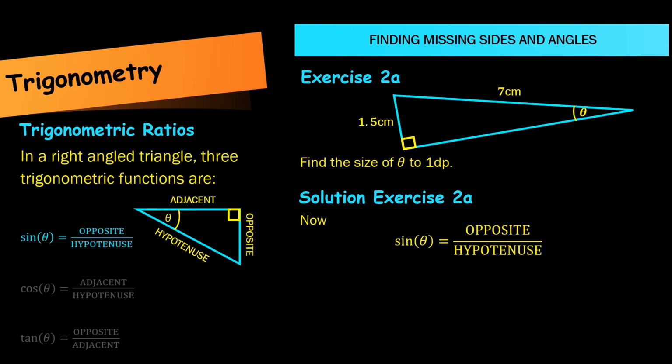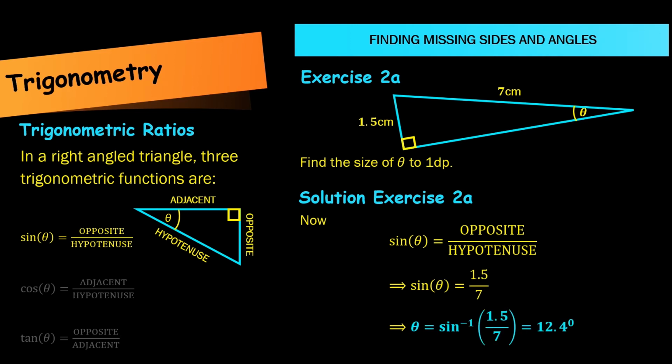Sine theta equals opposite over hypotenuse. Substituting in the values gives us sine theta equals 1.5 over 7, and therefore theta equals sine inverse 1.5 over 7, which equals 12.4 degrees.